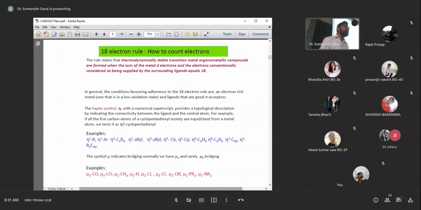It is not a necessary criterion. The criterion is that you have to have altogether 18 electrons. But it can also happen that all the ligands are donating all the 18 electrons and the metal is not donating anything. Or it can be the other way around also. Correct?